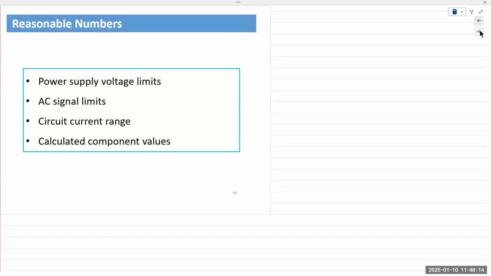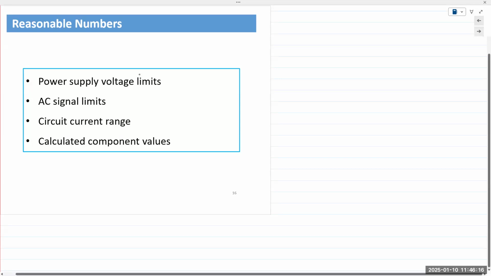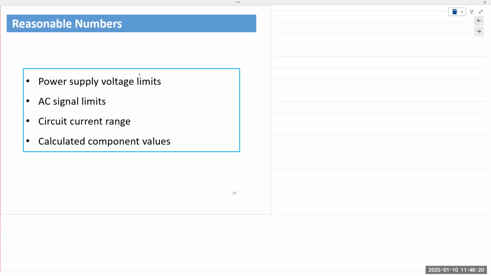All right, so reasonable numbers. Reasonable numbers mean that if you are making a calculation, let's say, for example, your power supply is 10 volts in the circuit, and you go through your calculation and you end up with a number that is 15 volts.